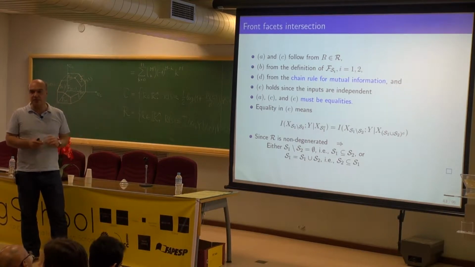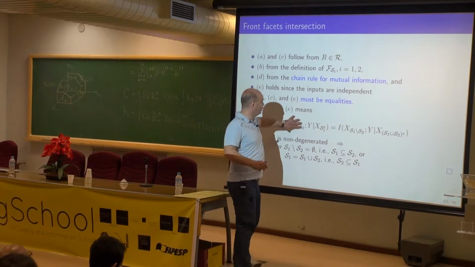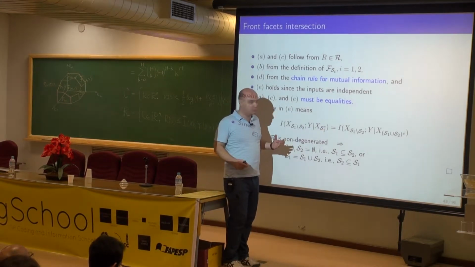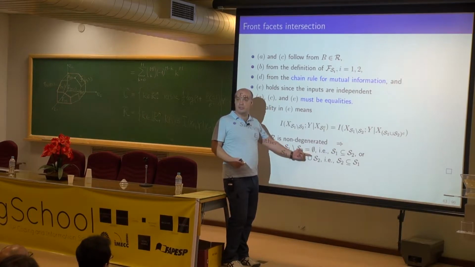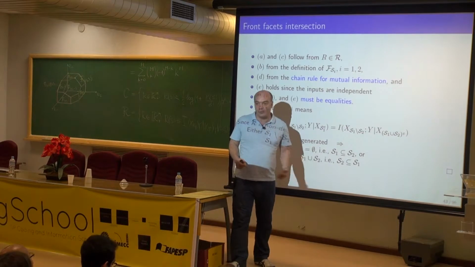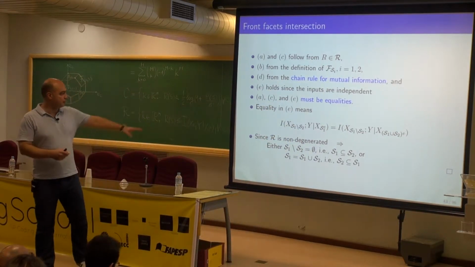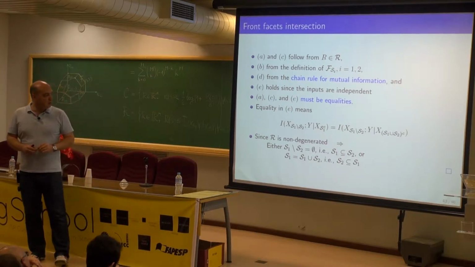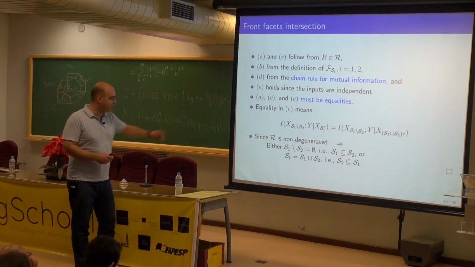There are two cases. Either this difference is 0, so this vanishes, both will be 0. What does that mean? S1 difference S2 equals 0. That means that S1 is included in S2.